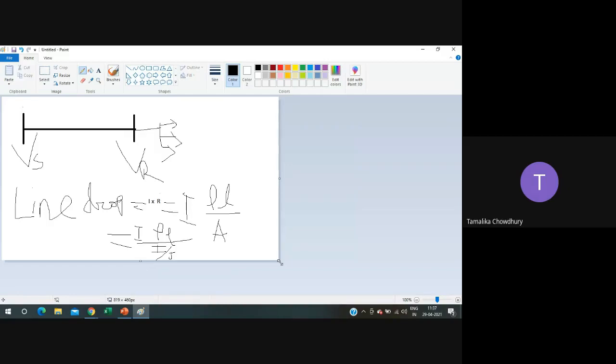Anyone having any confusion, just ask me. J is the current density. Current density means current per area, so area equals I by J, current divided by current density. Right.